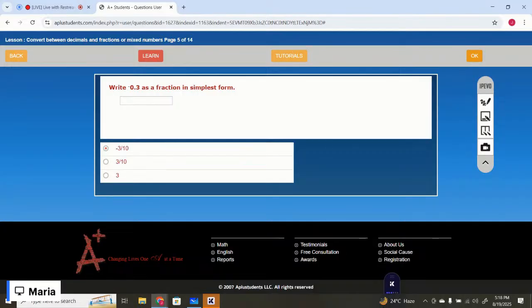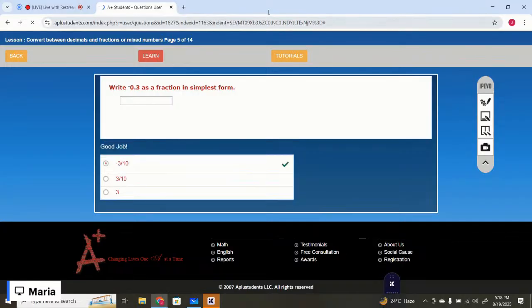That is negative 3 by 10. Option number 1 is the correct option.